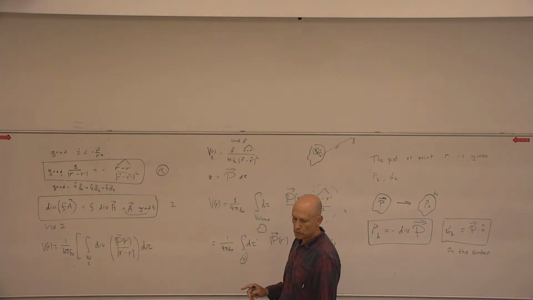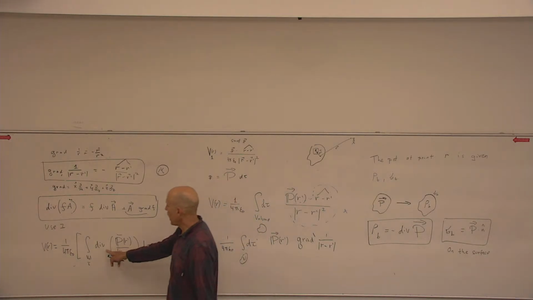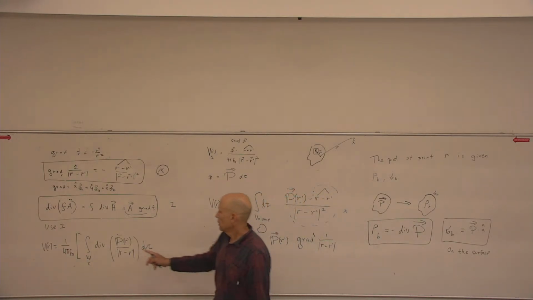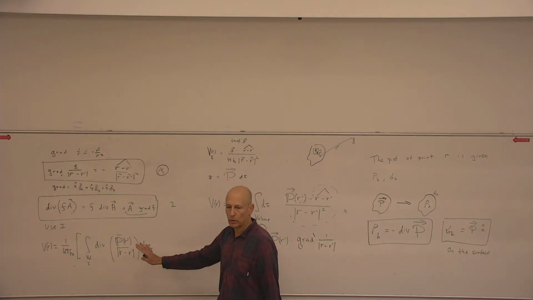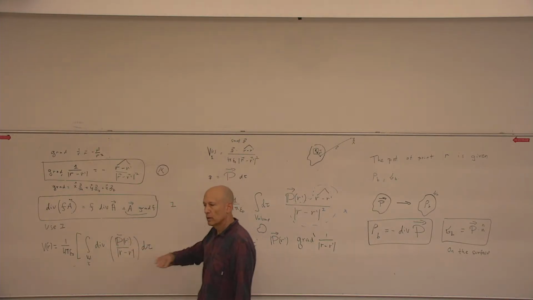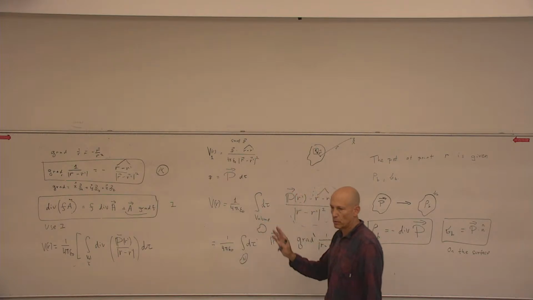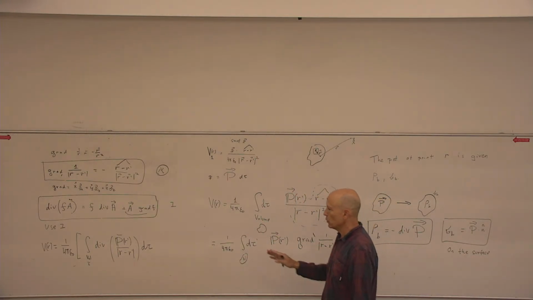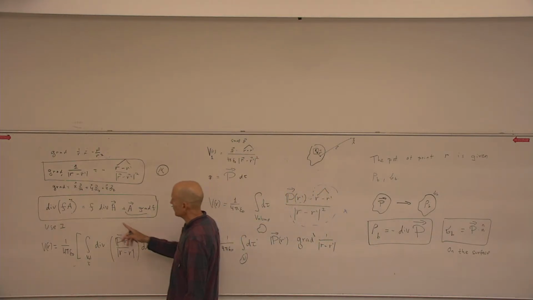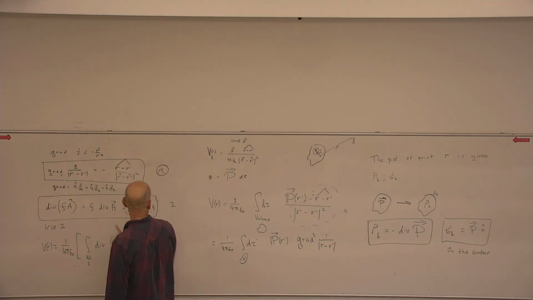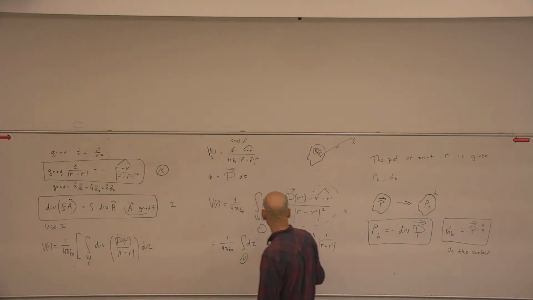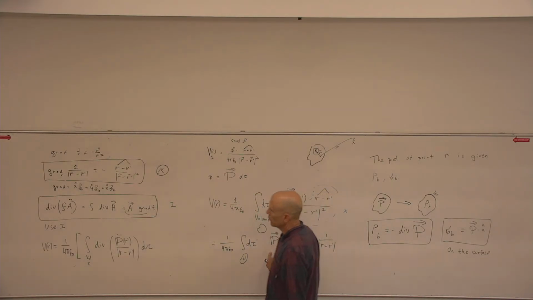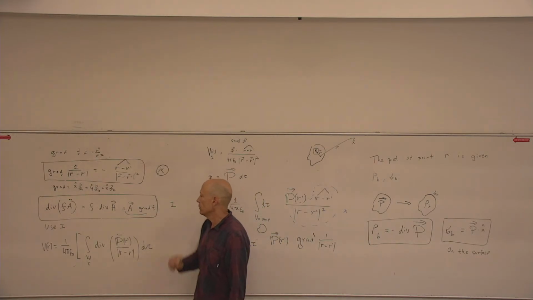Why do I like this? The div is with respect to r prime like the grad was with respect to r prime. This is a nice integral. It's an integral of a div. You can do the surface based on divergence, right? So this we will soon treat. But the second term comes from this term, and then what it means is that the grad was acting here. Now the grad is going to act on the P, but you need to use the div.